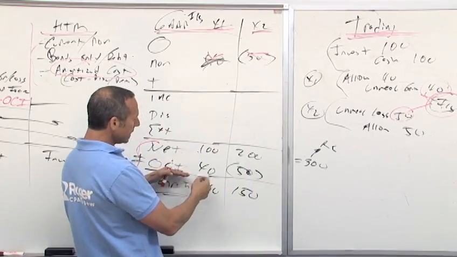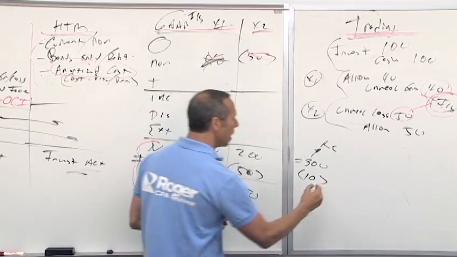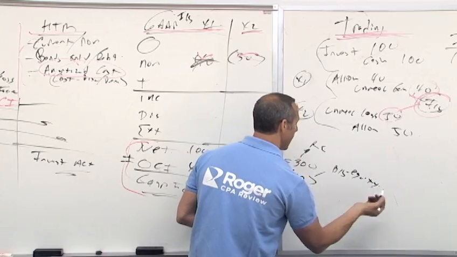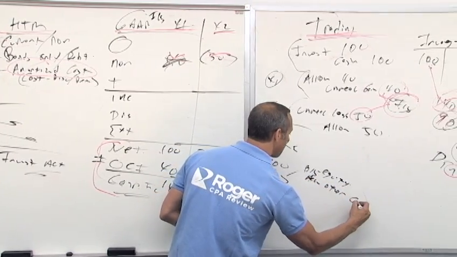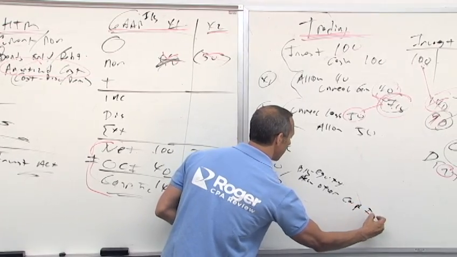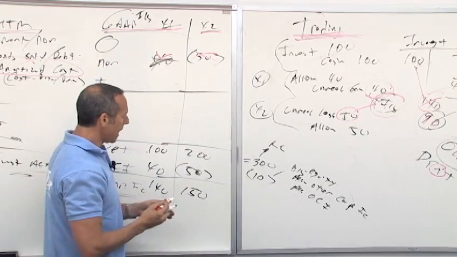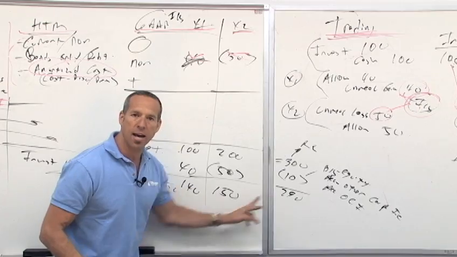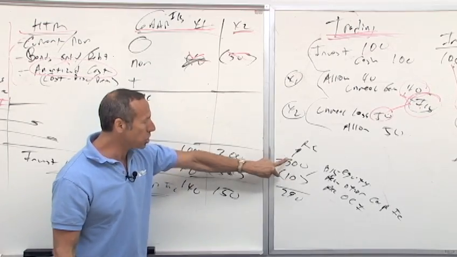We've got OCI of 40 minus 50 is 10 negative. Where does that go? That also goes to the balance sheet as part of stockholders' equity as part of accumulated other comprehensive income, or what we call accumulated OCI. So notice that. Then the net of that is your 290. Now in reality, this 290 doesn't really show up anywhere. However, the 300 and the minus 10 show up separately.